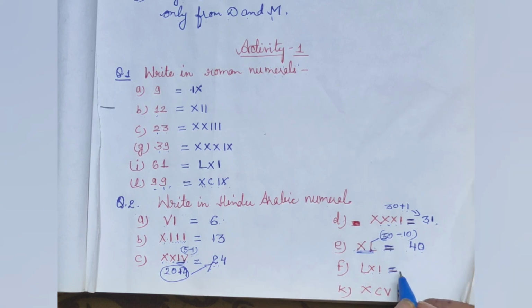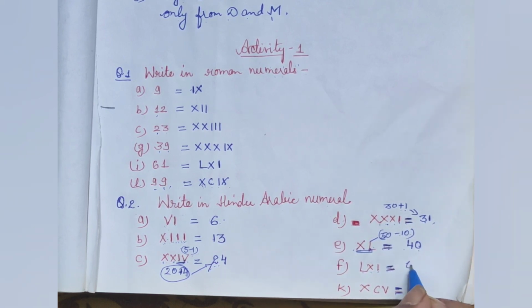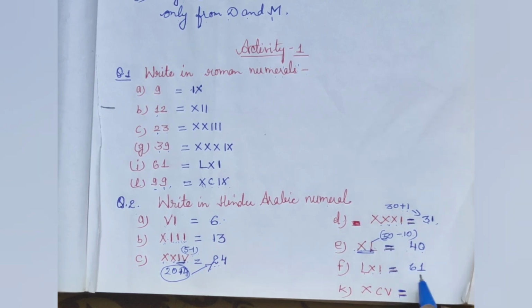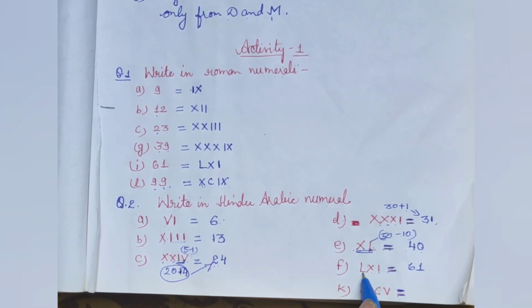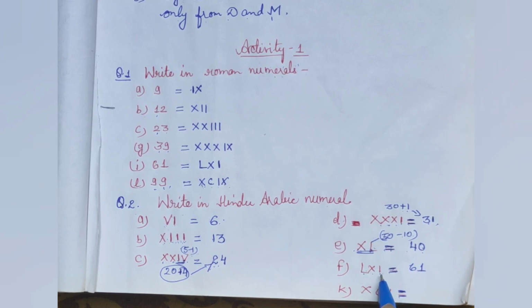LXI, that is equal to 61. L is equal to 50, X is equal to 10, I is equal to 1. And if we add all these, then we get 61.